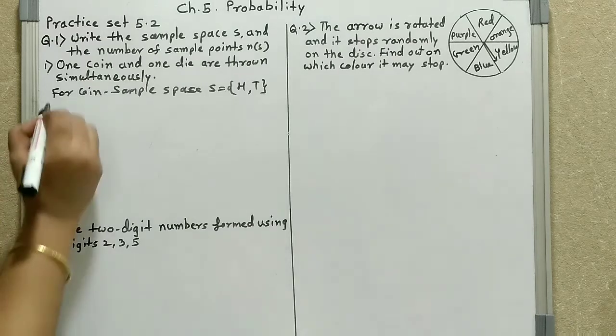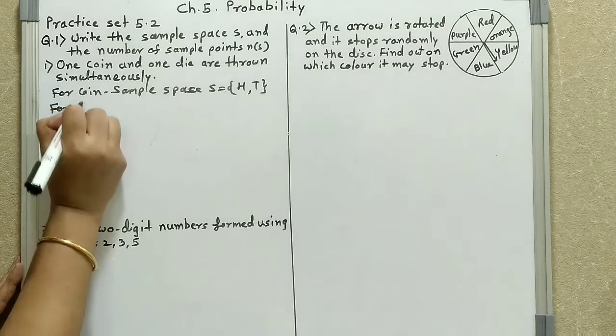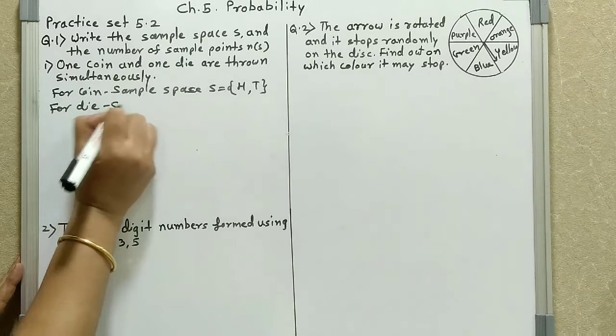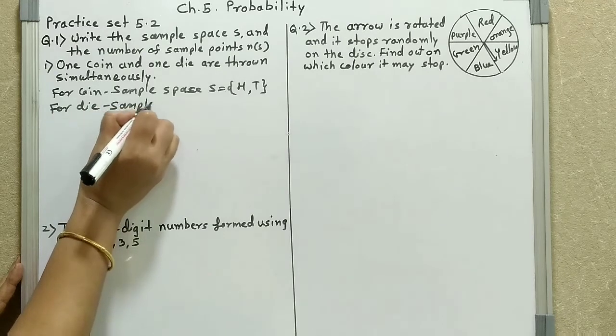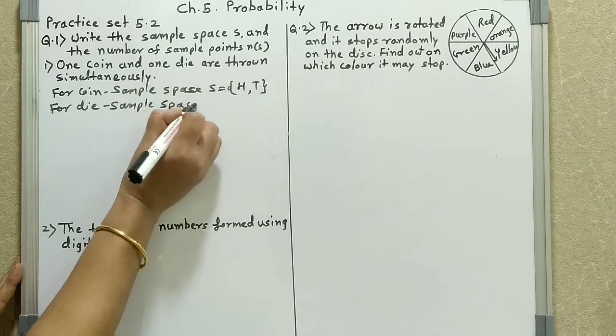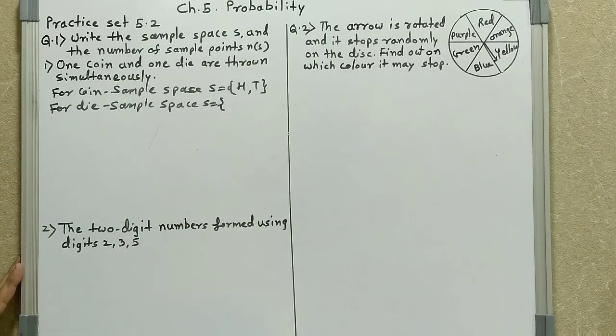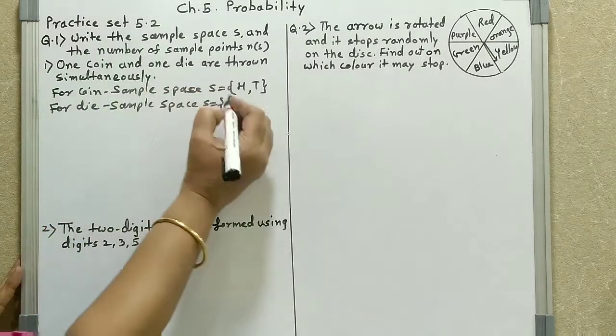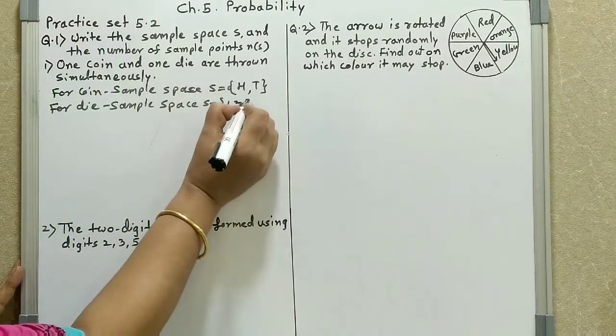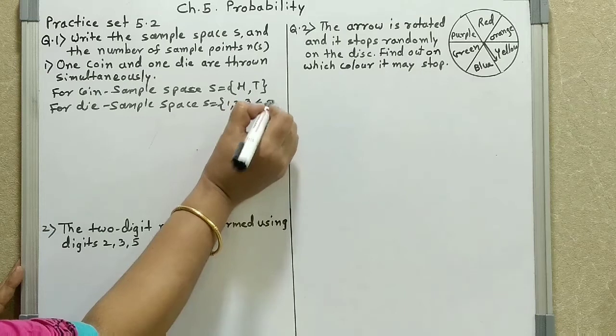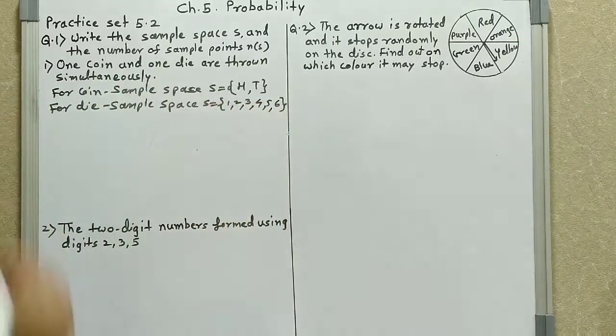Now for the die, sample space S is equal to. We already know, in a die, what is the shape of a die? Cube, means cubical shape. So how many sides? 6 sides. So the sample space for die is 1, 2, 3, 4, 5, 6. This is the sample space for die.